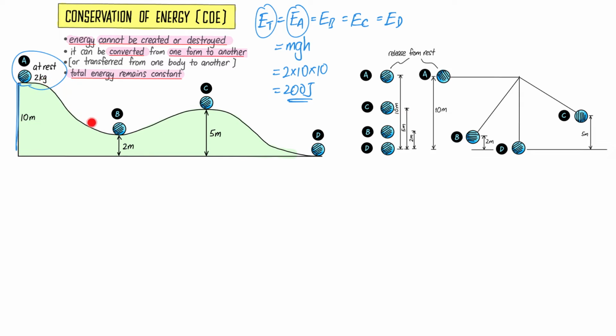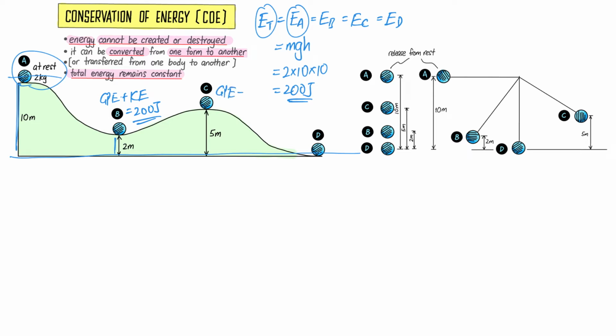As it goes down the track, at point B the total energy will be 200, and at point D it is also 200. The difference is between the highest and the lowest reference ground: as long as the ball is in between, it will have a combination of GPE because of its height, and because it's moving, it will have KE. But if you total up the energy, it will always be a constant 200.